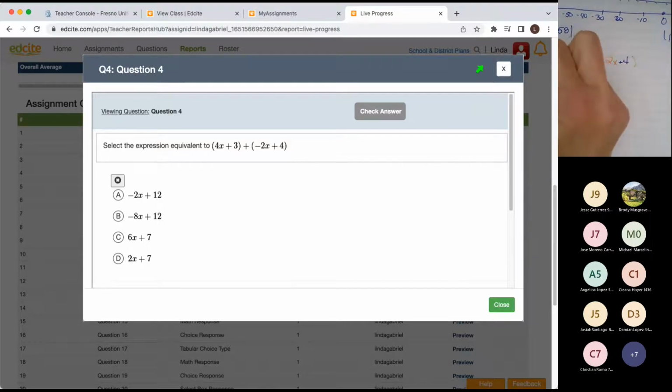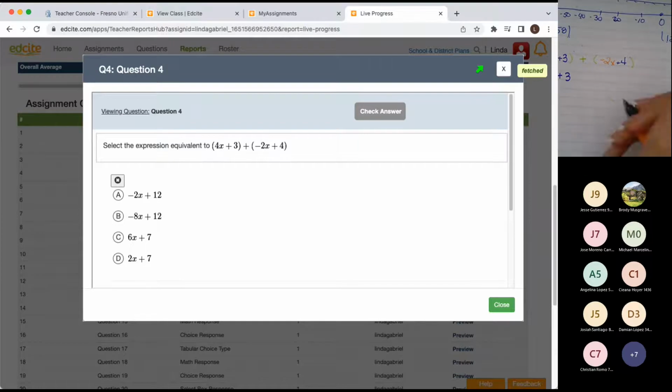So my 4x plus 3, I can take that out of the parentheses. I'm going to set it down here. And then I have plus negative 2x plus 4. If I look at negative 2x plus 4, I have that same situation, right? I can't do any more math with this. I don't know what x is equal to.